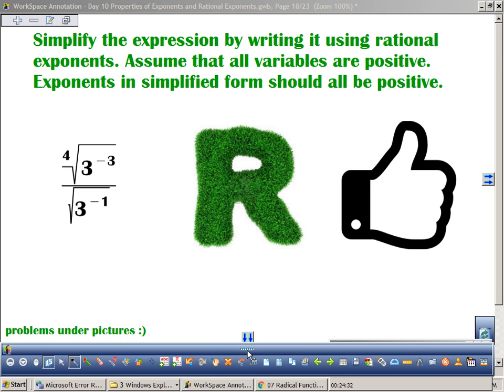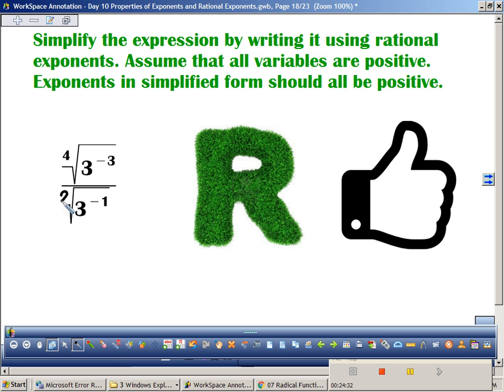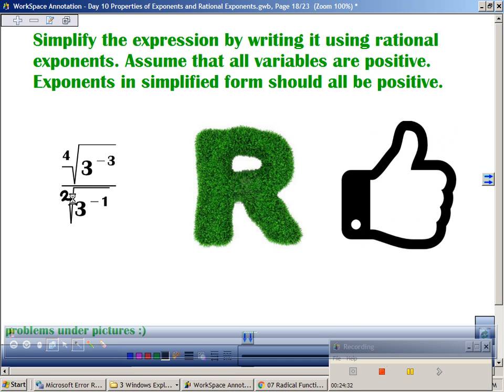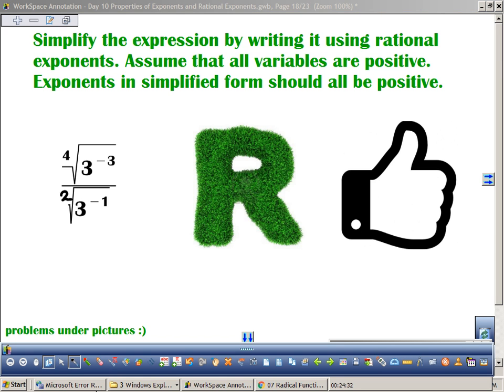Okay. So these are different roots. This one's to the 4th and this one's to the 2nd root. So I can't treat them as the same. Right? So I'm just going to turn these into fractional exponents. So my 3 is actually to the negative 3/4. Correct?